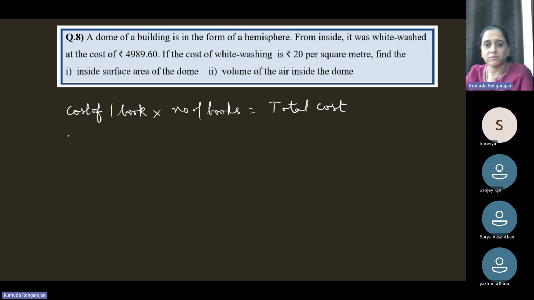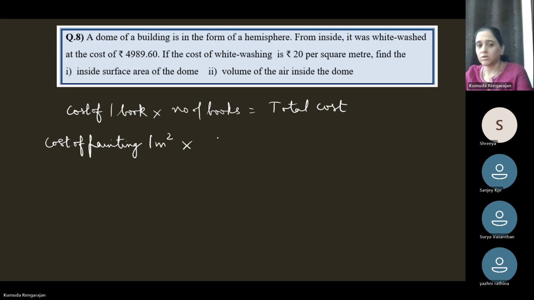So like cost of painting 1 meter square into number of meters square, meaning into the curved surface area or the total surface area, whatever area you have to paint. Now, what is this?